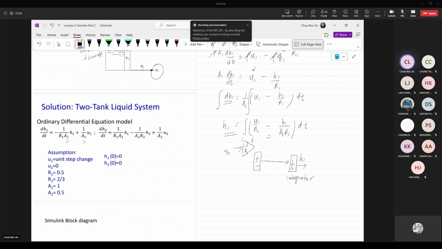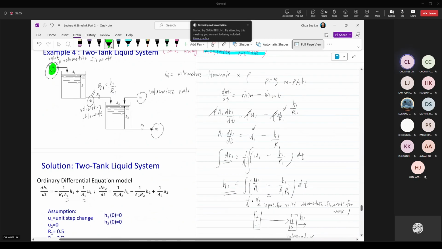So if I split, it will be 1 over A1 multiplied with U1, where U1 in this situation is actually an input, the inlet volumetric flow rate for tank 1.